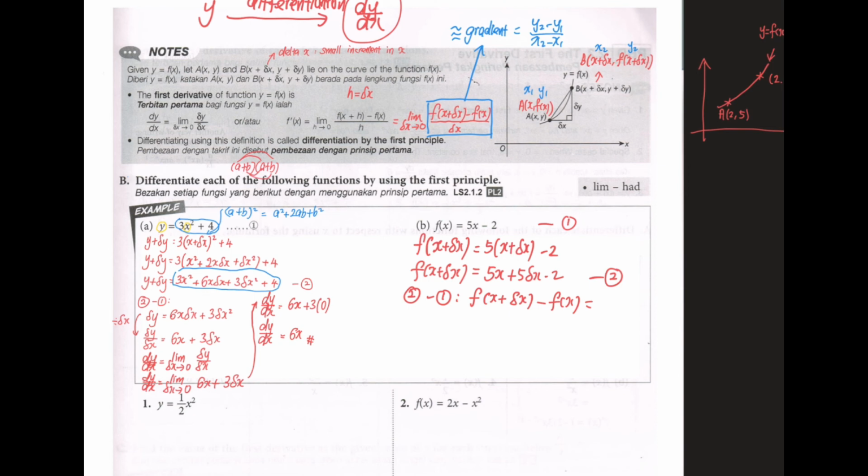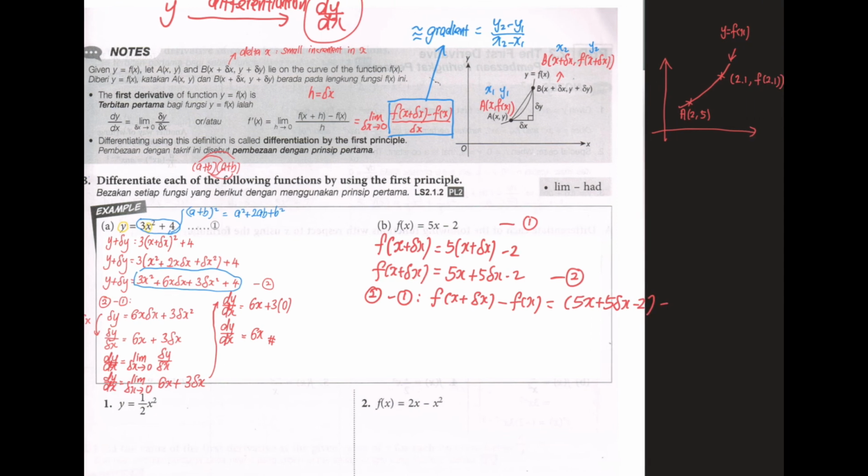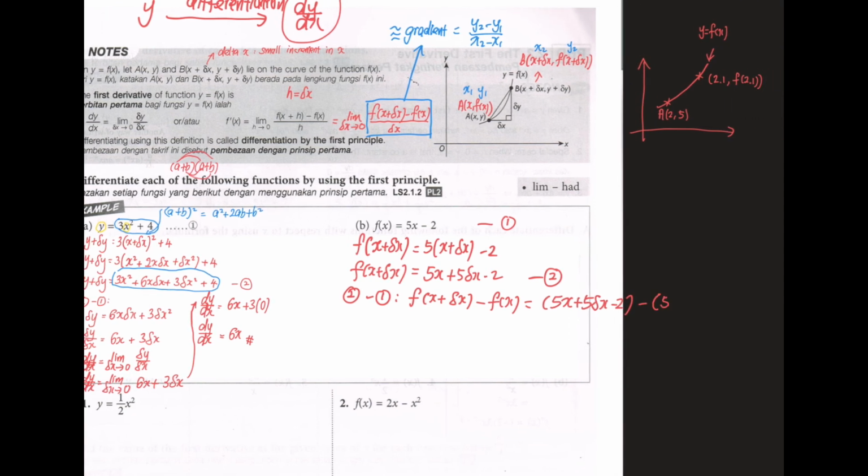And on the right, what happens is 5x plus 5 delta x minus 2 minus this. So you get this.